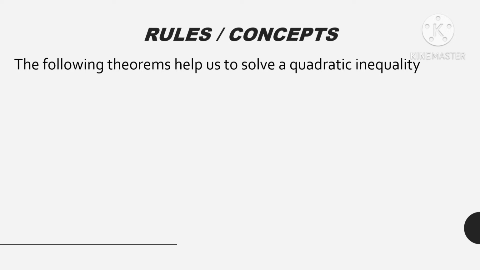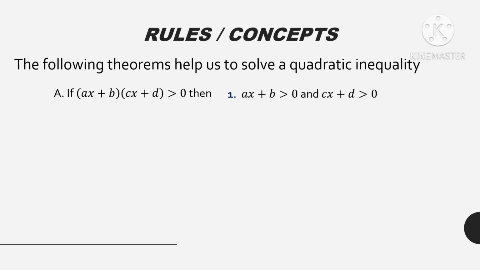So what are these theorems? First is, if the quantity of ax plus b times the quantity of cx plus d is greater than 0, then there are two possible conclusions. First one, ax plus b is greater than 0 and cx plus d is greater than 0. Or, we can reverse the situation. Ax plus b is less than 0 and cx plus d is less than 0.